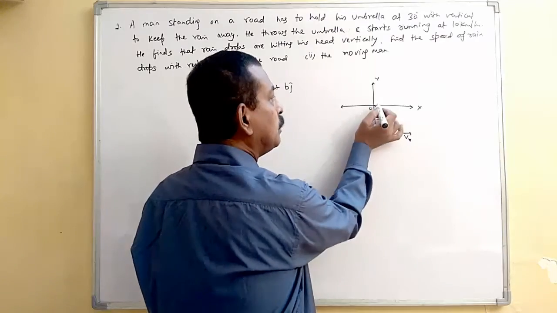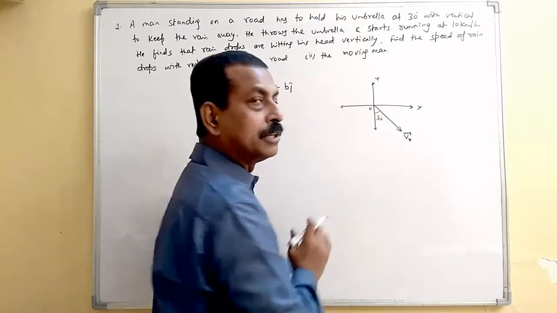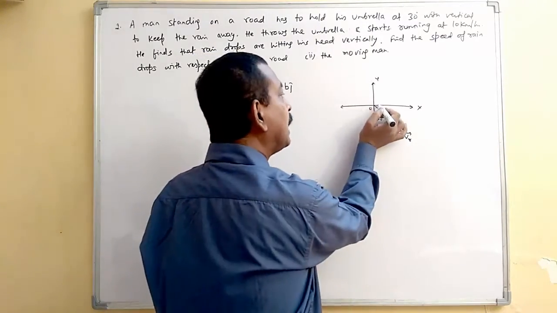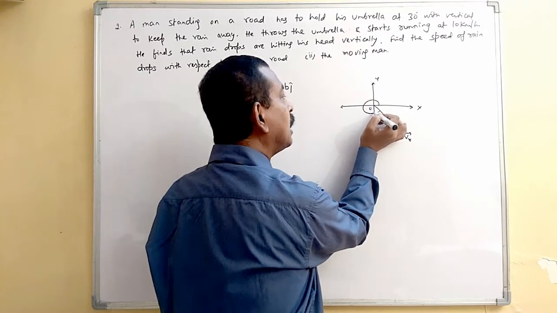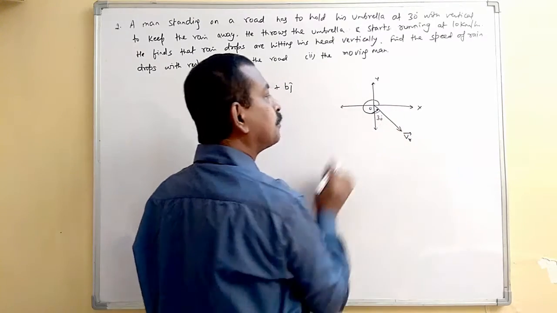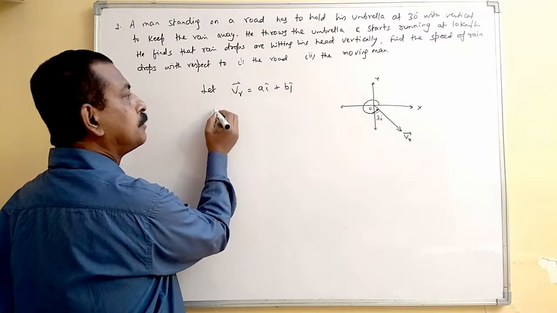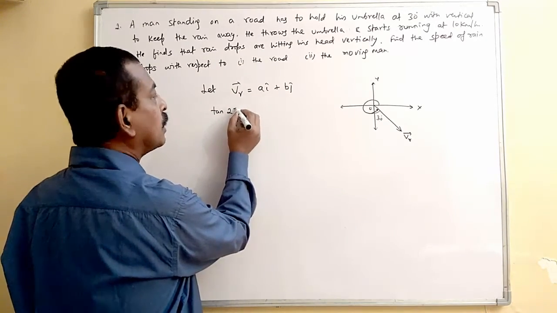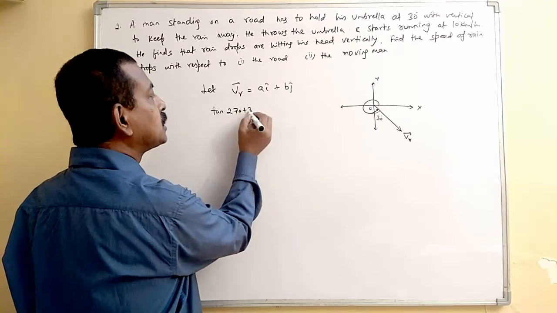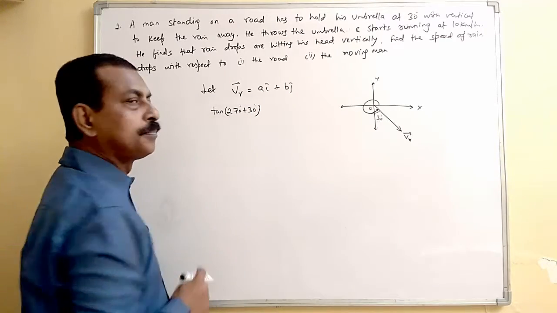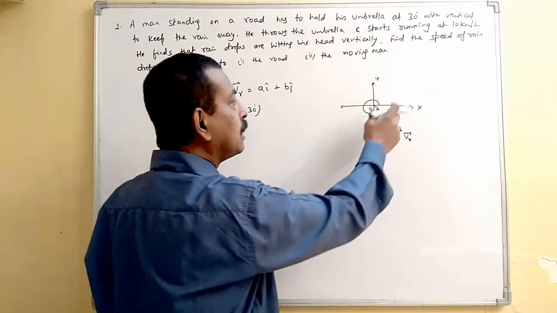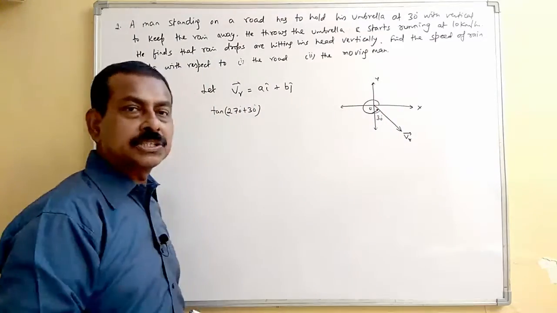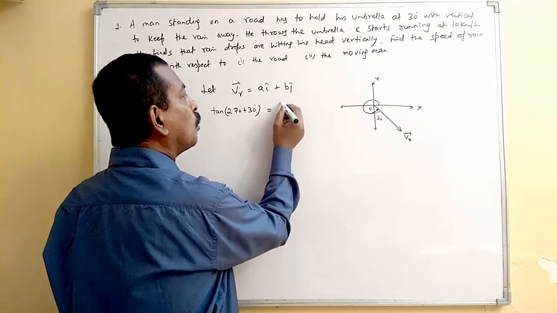With the x-axis, the angle it makes is 270 plus 30 degrees. This will be the entire angle if it is measured in the anti-clockwise direction.